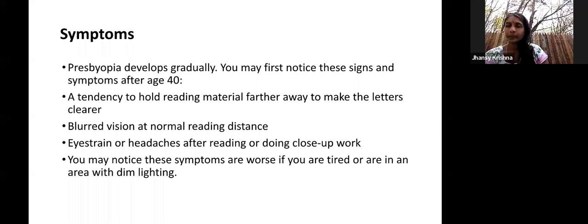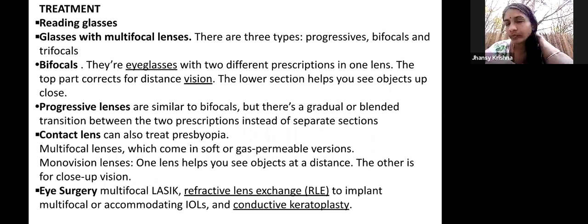Symptoms include blurred vision while reading books as the main symptom. Treatment includes reading glasses with multifocal lens.